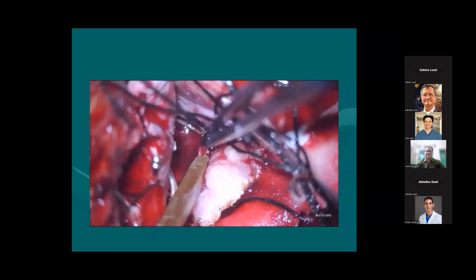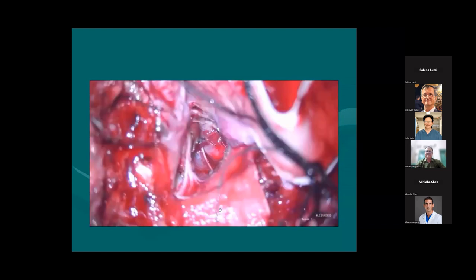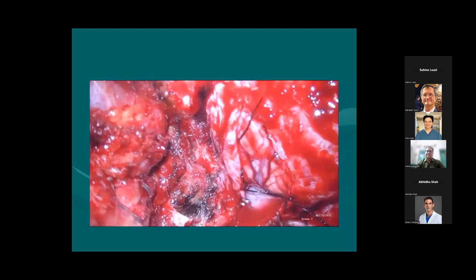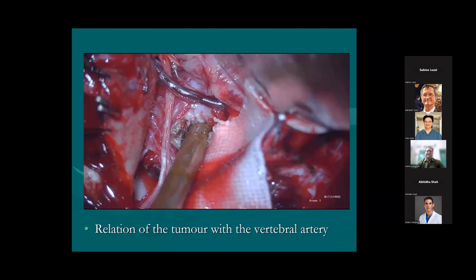So this case cannot be done with a midline posterior fossa approach. One has to do a paralateral approach. And finally, the dura was closed. So these are the still pictures of the case.